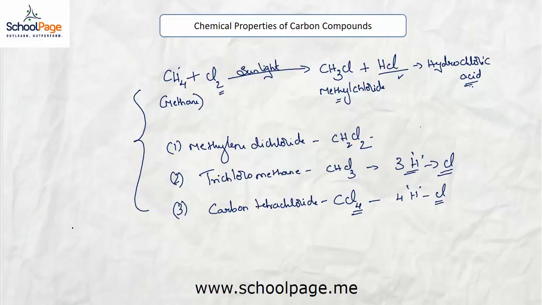Such reactions in which the hydrogen atoms of hydrocarbons are replaced by atoms of a different element are called substitution reactions. It is because the hydrogen is substituted by chlorine in all these reactions.